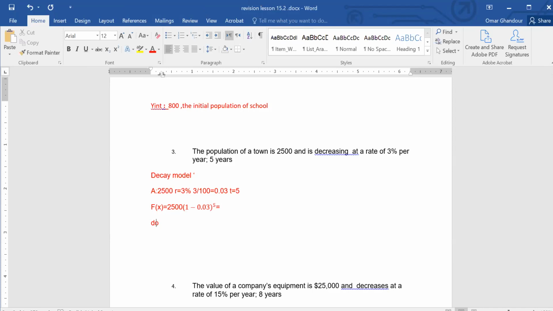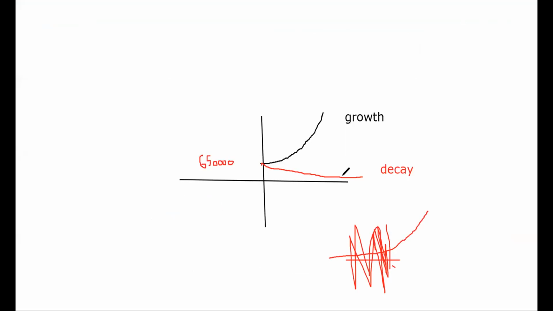Now we need to find the domain. This is a decaying model, right? So if we go back to the whiteboard, the decaying model is the red one. The population of the town started here at 2,500, and it's decreasing, decreasing, decreasing.